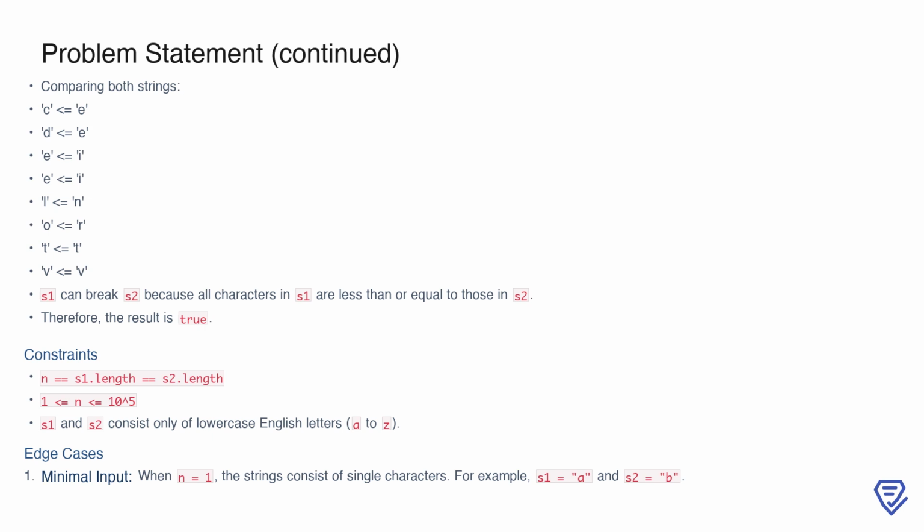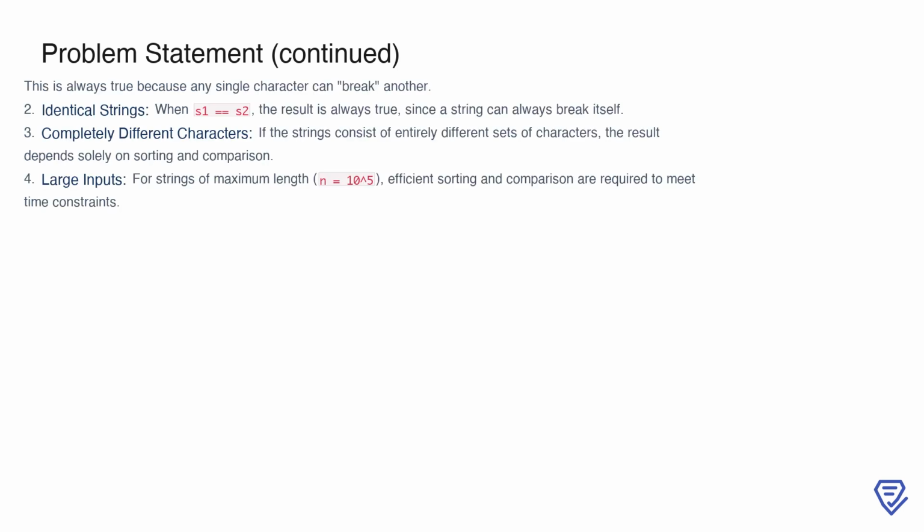Now let's discuss some important constraints and edge cases for this problem. The length of both strings, n, is the same, and it can range from 1 to 100,000. Both strings consist only of lowercase English letters. Some interesting edge cases include when n equals 1, where the strings are single characters. In this case, the result is always true because any character can break another.